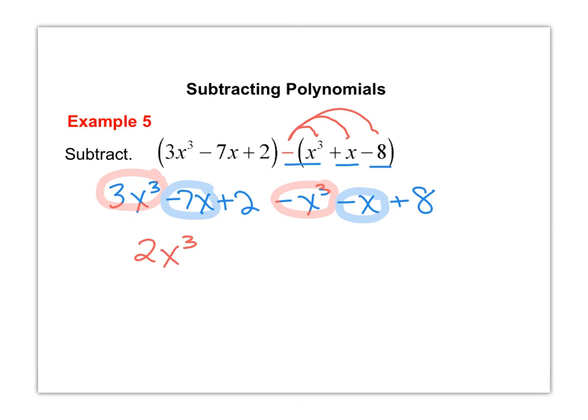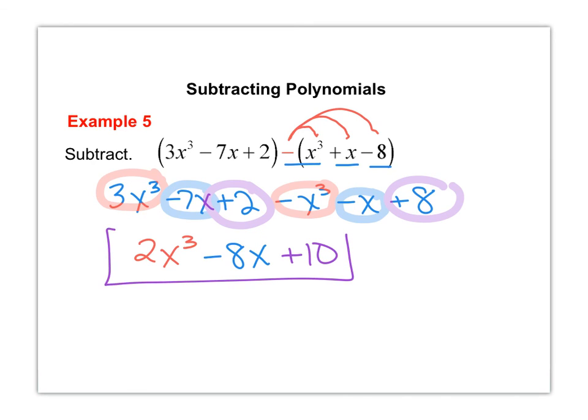We have minus 7x minus 1x is minus 8x. And then we can combine the constant terms, the plus 2 and the plus 8, and that will add up to 10. So that will be our final answer when you're subtracting polynomials. Make sure that you're subtracting each of the terms instead of just subtracting the first term.